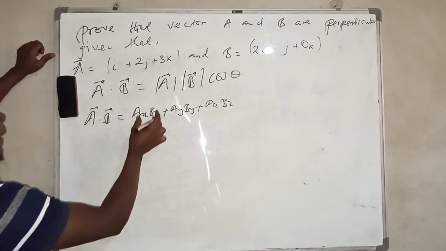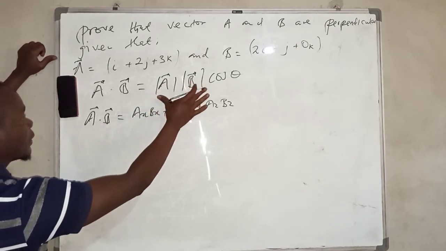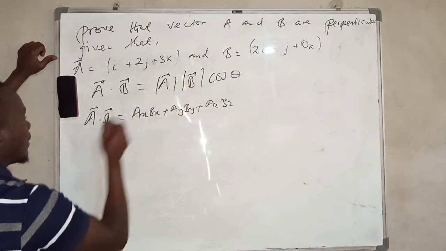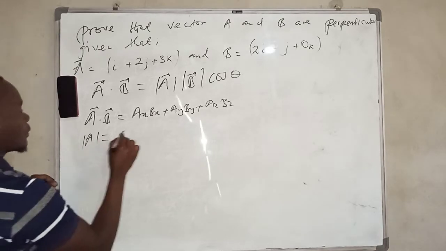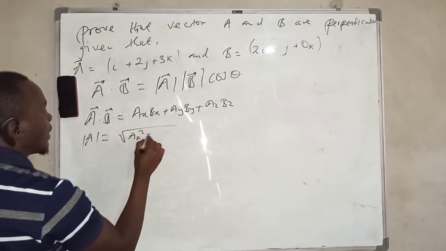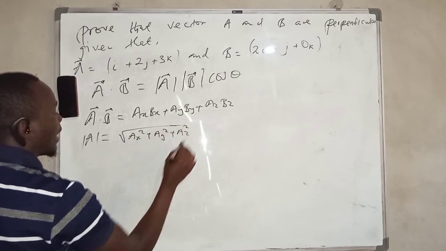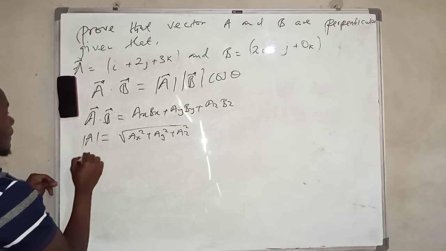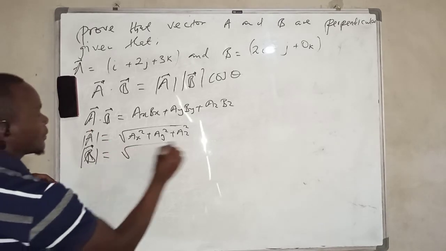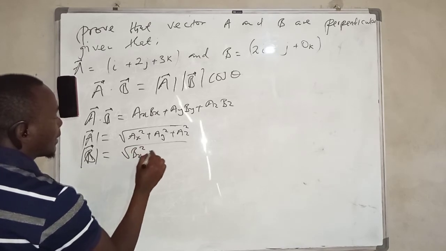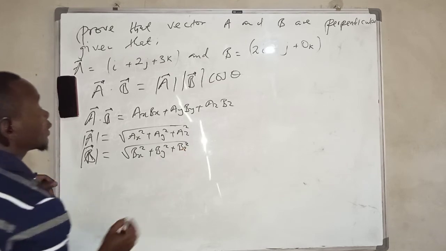Then the magnitude of A is given by the square root of AX squared plus AY squared plus AZ squared. Then the magnitude of B, we have the square root of BX squared plus BY squared plus BZ squared.